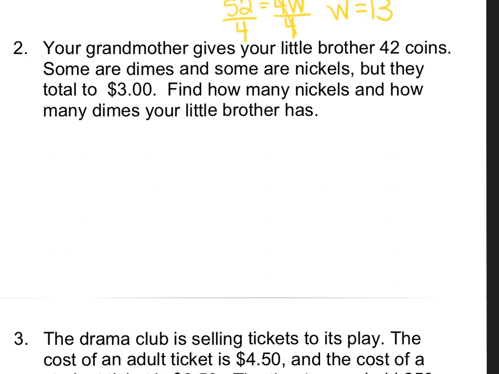Okay, so problem number 2. Your grandmother gives your little brother 42 coins. Some are dimes and some are nickels, but they total $3. Find how many nickels and how many dimes your little brother has. So we are going to let N equal the number of nickels and D equal the number of dimes.